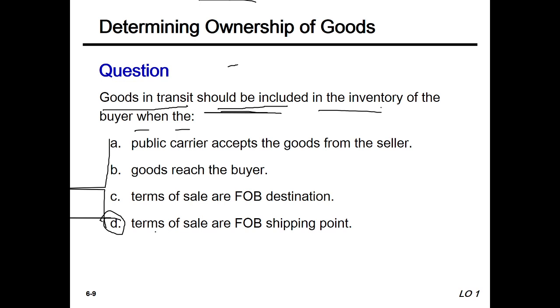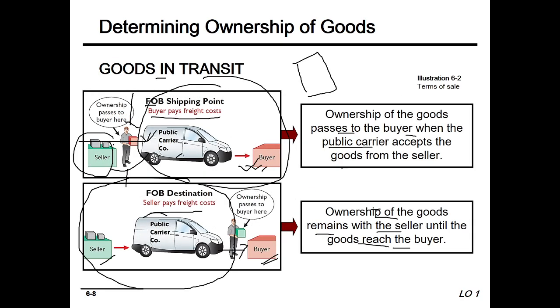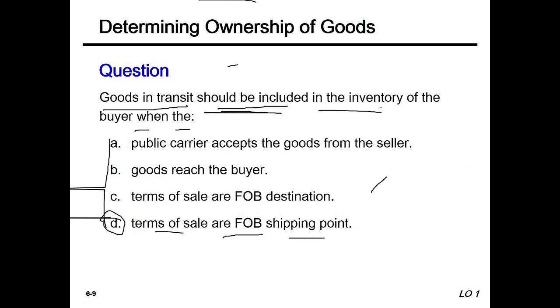That means the terms of sale are FOB shipping point. Earlier I showed this is the FOB shipping point. At this point, the buyer is accepting these goods, that means the public carrier accepts the goods from the seller. So this is the point, and this point will be the correct answer. Terms of sale, FOB shipping point. I think everybody is clear.